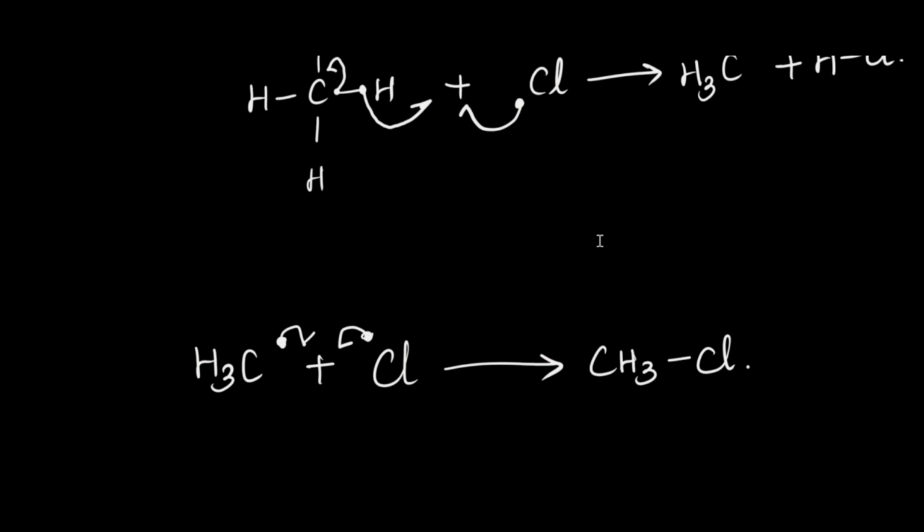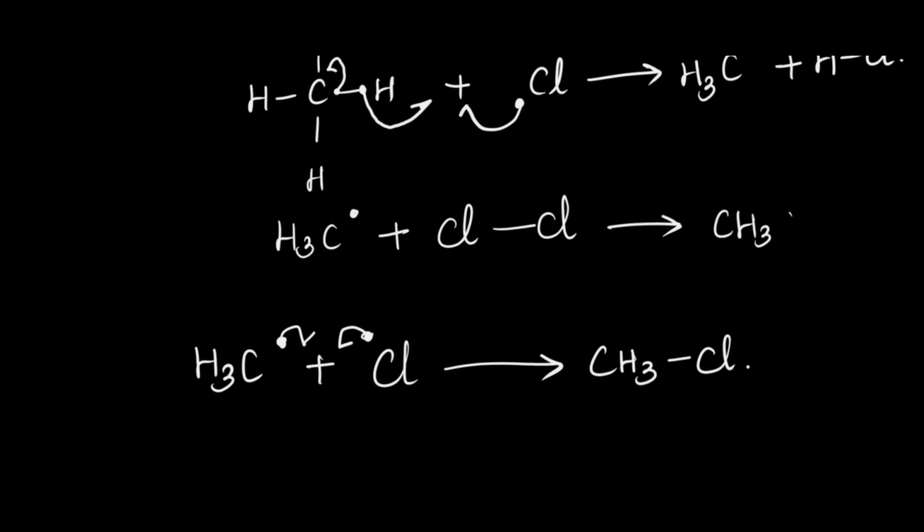Say for example, the CH3 radical which formed in the chain propagation can react with Cl Cl to form CH3Cl with a Cl radical.